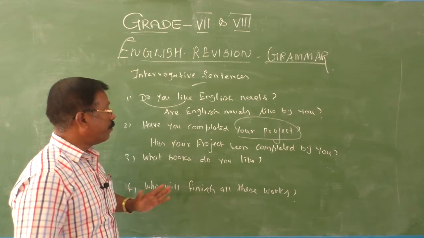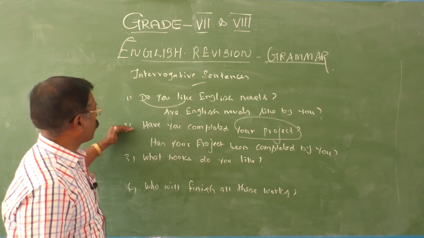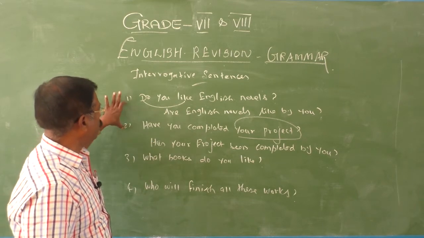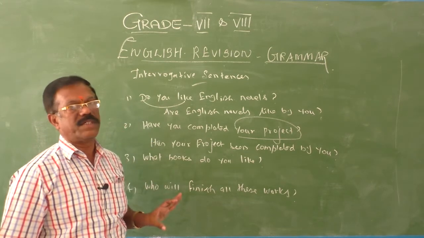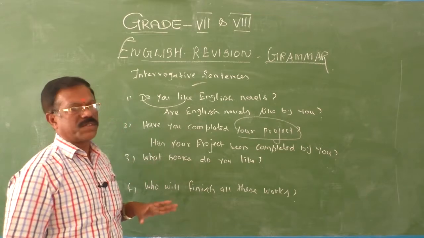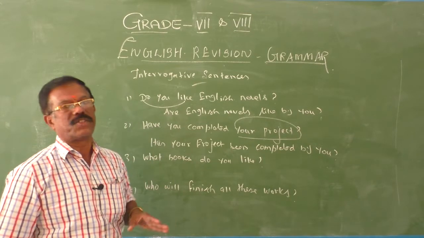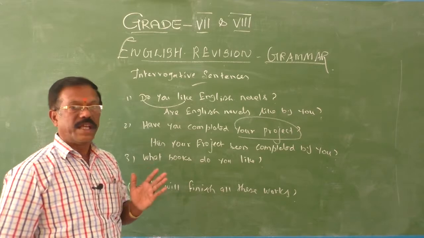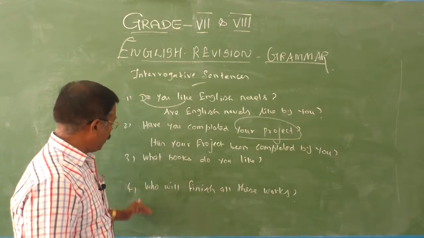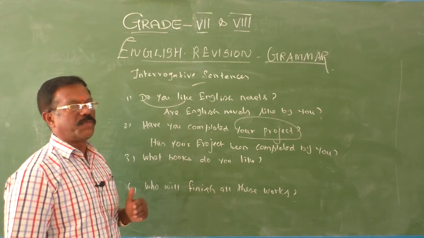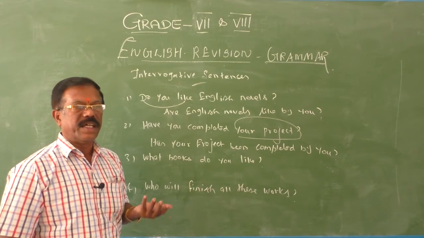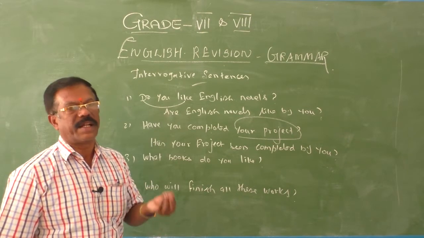Okay, fine. What books do you like? See, these two questions, can you find the difference between these two questions and the last two? They are called verbal questions because they begin with the verb. But these two questions begin with a question word. They are called question word questions or WH questions.